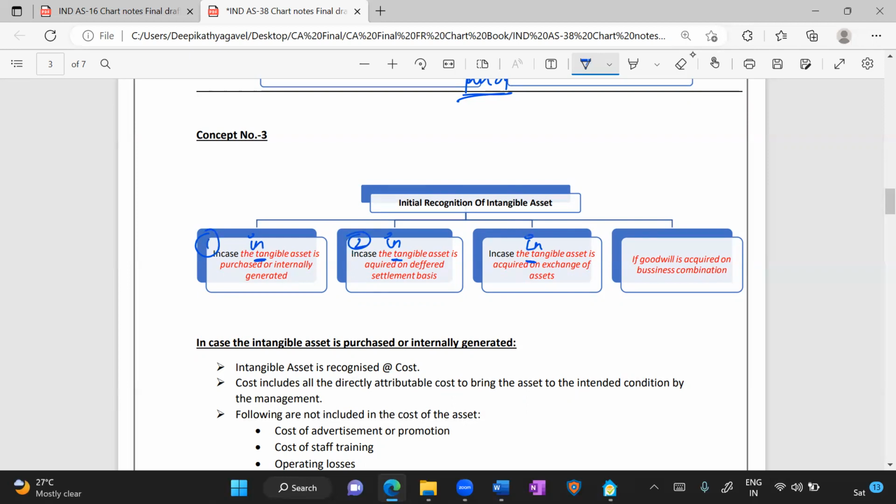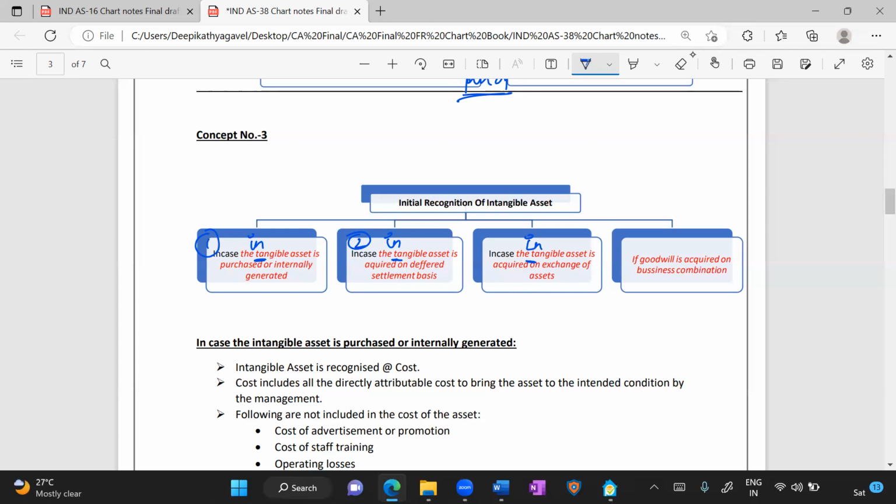I already explained the meaning of deferred settlement in Ind AS 16 also. Let me repeat it. Deferred settlement. From the word itself, you can identify the meaning. The settlement is being deferred. The settlement is delayed. It is paid in installments, right? Deferred settlement basis if you are acquiring an intangible asset. Or third, in case the intangible asset is acquired in exchange of other assets, right? You're exchanging some intangible asset and in return getting some intangible assets.